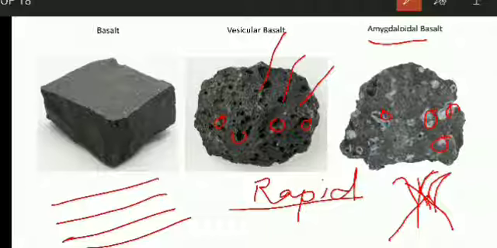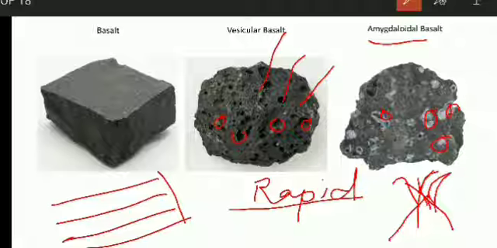Even in Karnataka, Belgaum, you can see the basalts, and these basalts are layered because each layer indicates a lava flow. So the Deccan traps are all made up of basalts. It is very dark gray in color, and it shows vesicular and amygdaloidal structure. That is the special property of basalt.